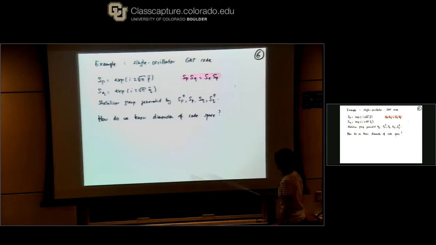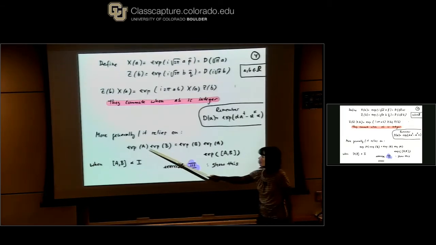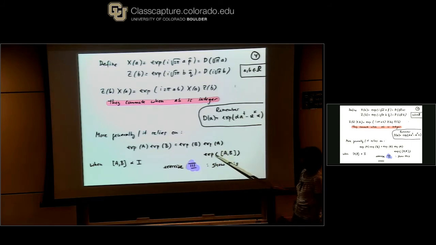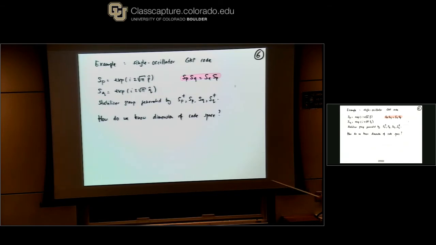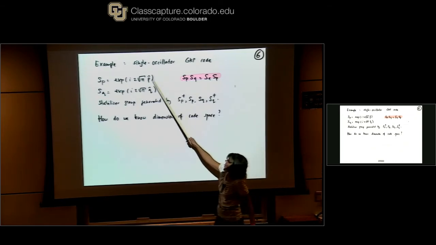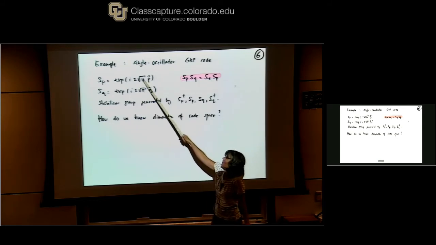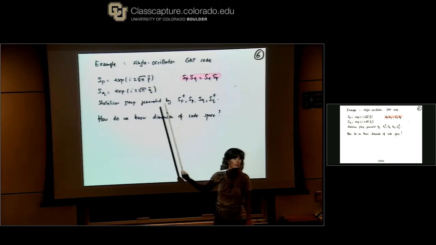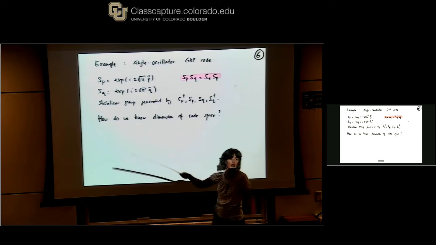Why is that true? Because if I look back, e to the A, e to the B is this times this thing, right? So let's look at what this is. The commutator of this with that, what is it? The commutator of P and Q is i, right? So I have something that is e to the i 4 pi, e to the i 4 pi.